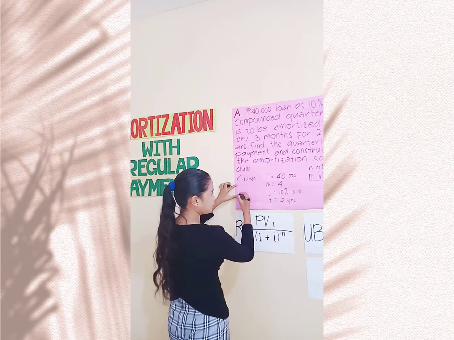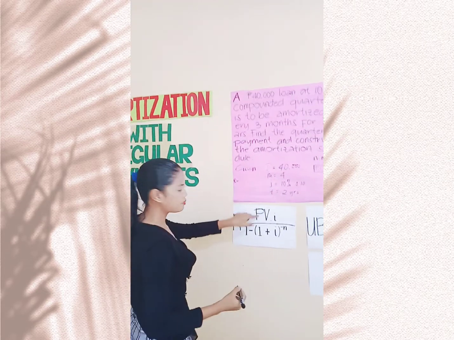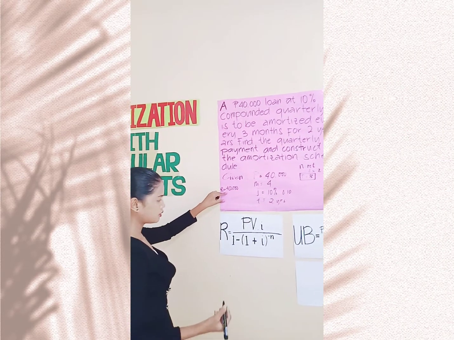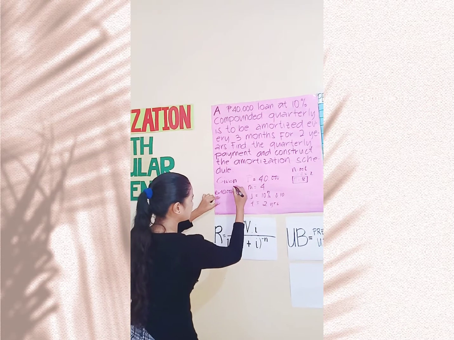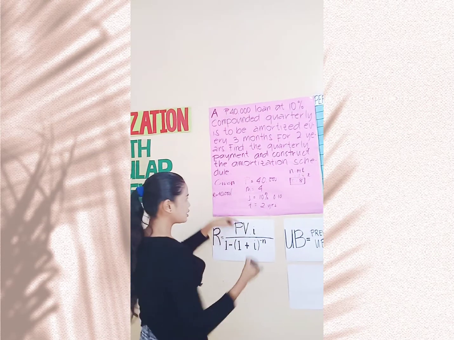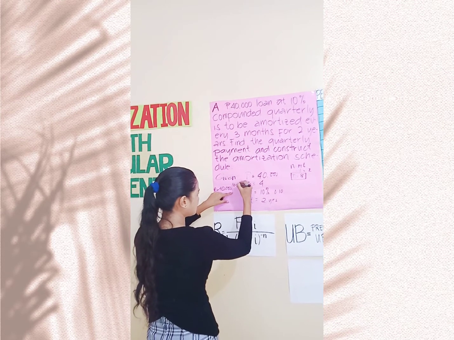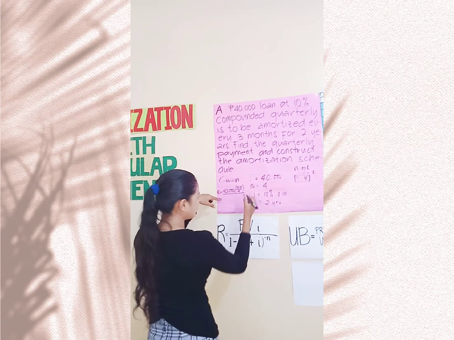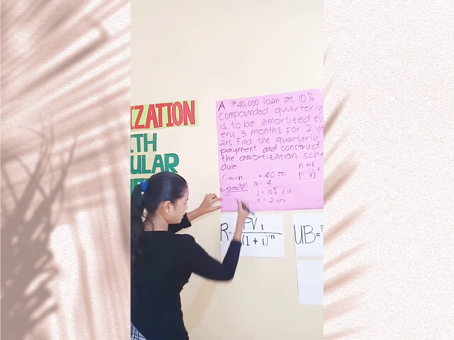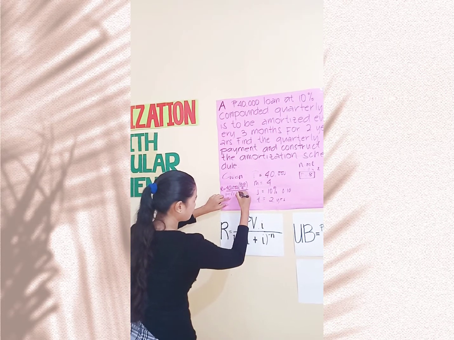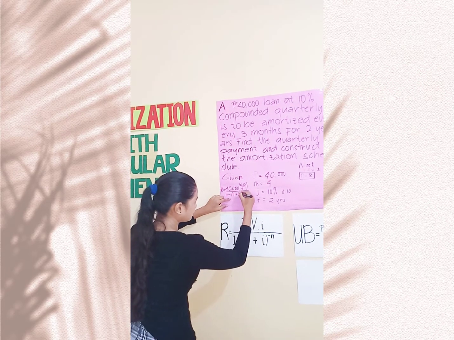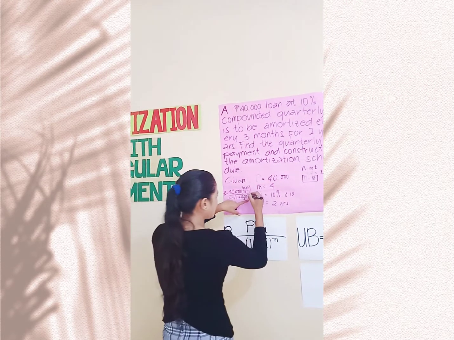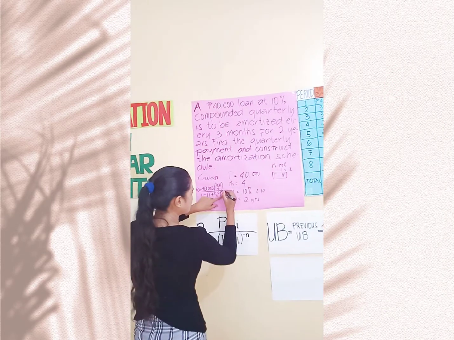R is equal to the present value, which is 40,000, times the nominal rate over the conversion period, which is 0.10 over 4, and then 1 minus the sum of 1 plus 0.10 over 4, or the I, raised to negative n, where n is equal to 8.